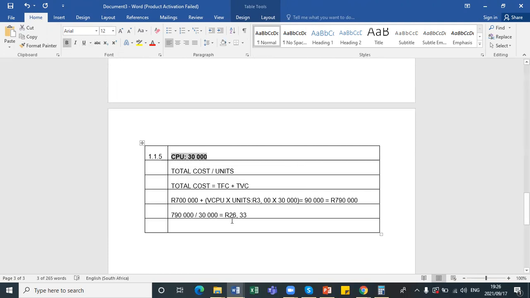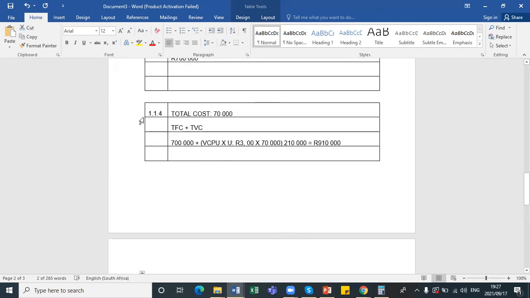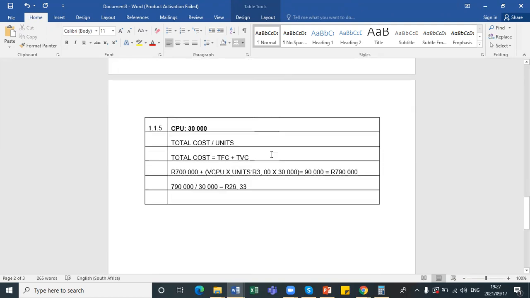Just like in the calculation in 1.1.4, I first have to calculate a new total cost, and the formula I'm going to use is total fixed plus total variable. My total fixed cost is 700,000, but I need to calculate a new total variable cost like I did in question 1.1.4. To calculate a new total variable cost, I use this formula, which is variable cost per unit times units.